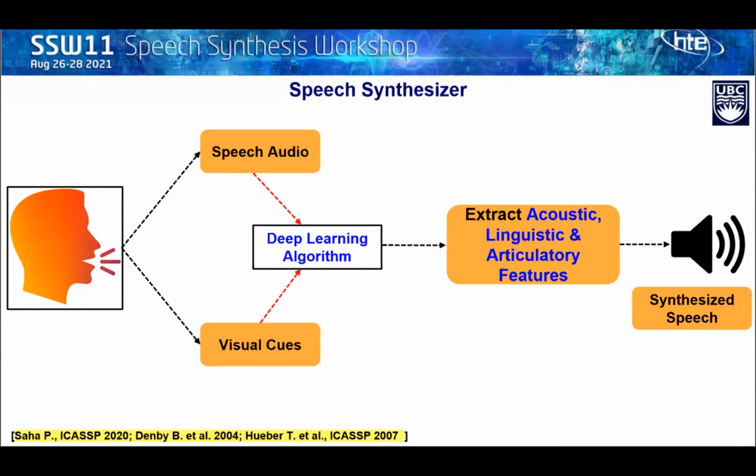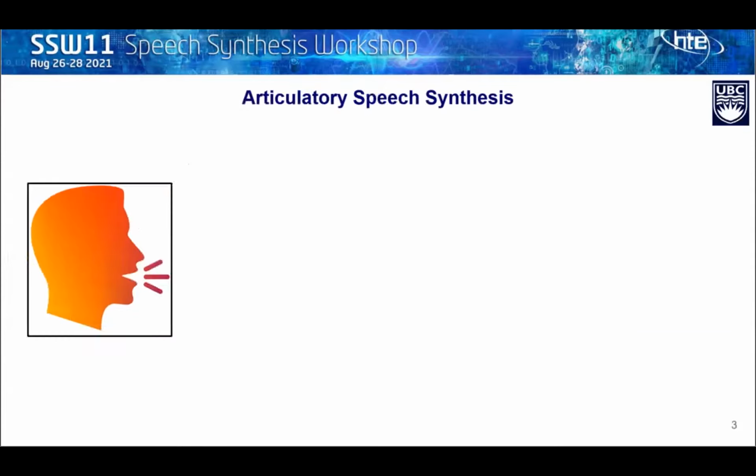Then they map these extracted features to an acoustic space and produce synthesized speech output. So the efficiency of this speech synthesis model mostly relies upon the size of the recorded audio and visual data, which require a certain amount of memory space.